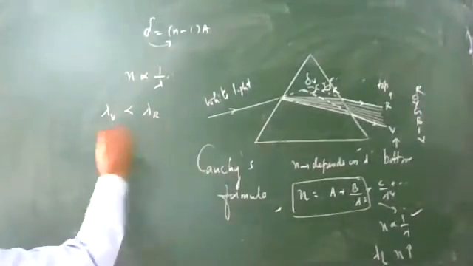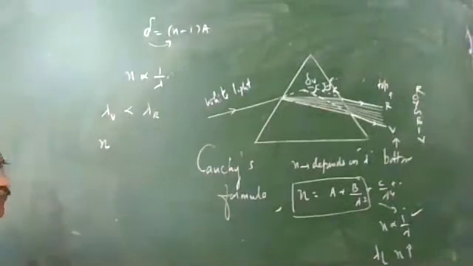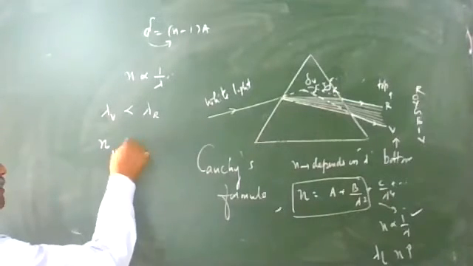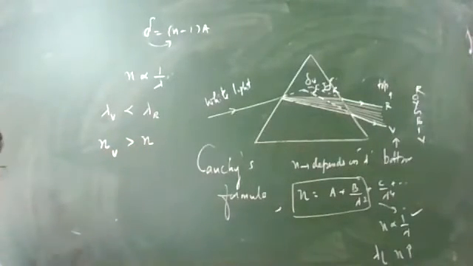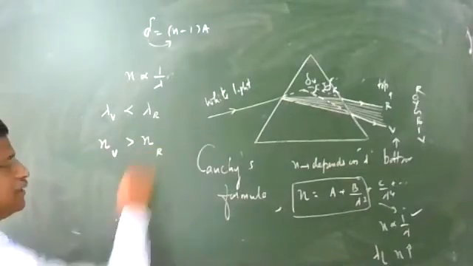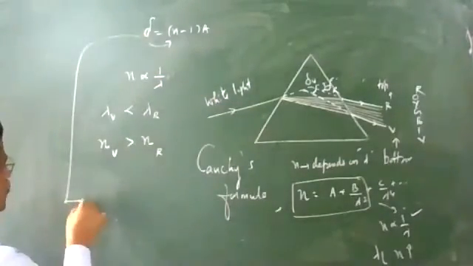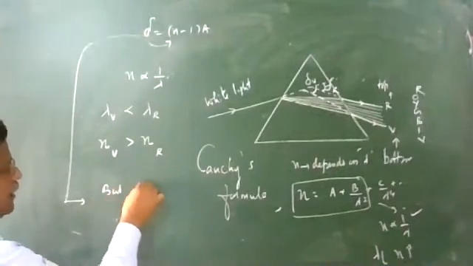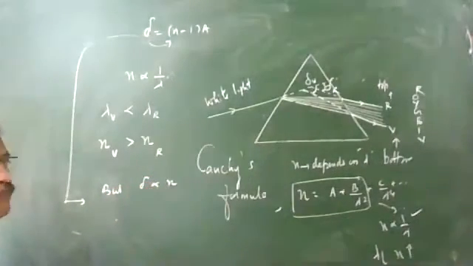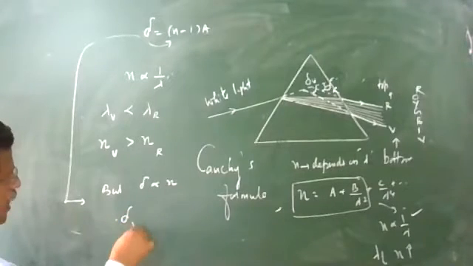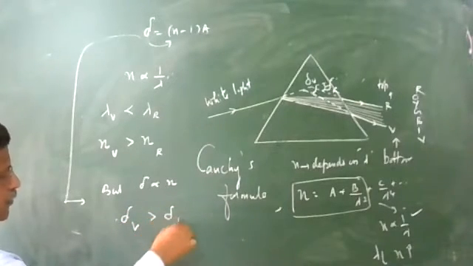Therefore, the refractive index of the prism for violet color, n_v, is greater than the refractive index for red color. From equation 1, deviation is directly proportional to refractive index, so the deviation produced for violet color is greater than that for red.